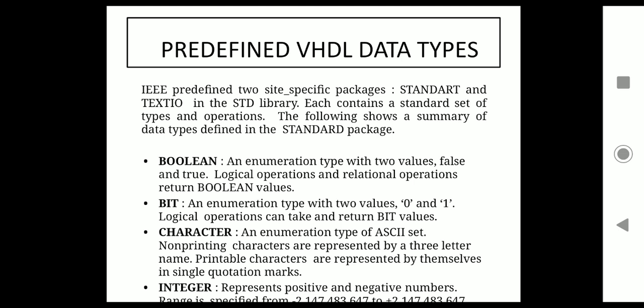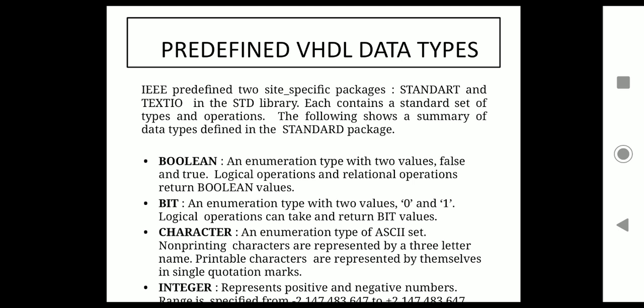The following is a summary of all data types defined in the standard package. That means in whatever standard package we are using in VHDL, these predefined data types are present. They can be boolean type, bit type, character type and integer type.